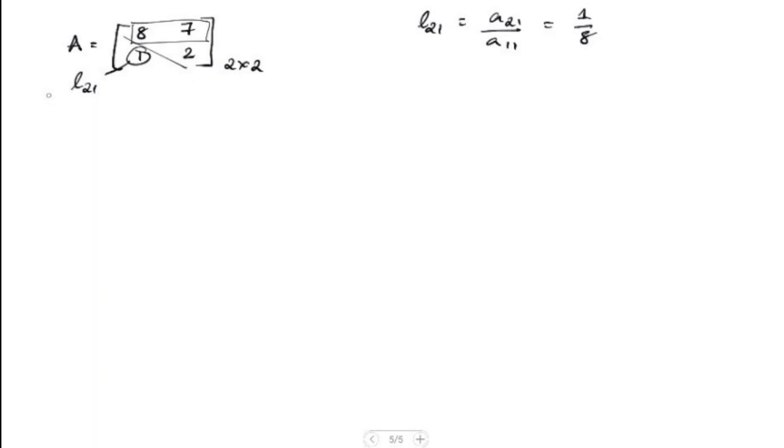So the equation that we need to write for this row now would be row 2 minus L21, which is 1 over 8, times the row that we froze, which is row 1. So let's work it out.